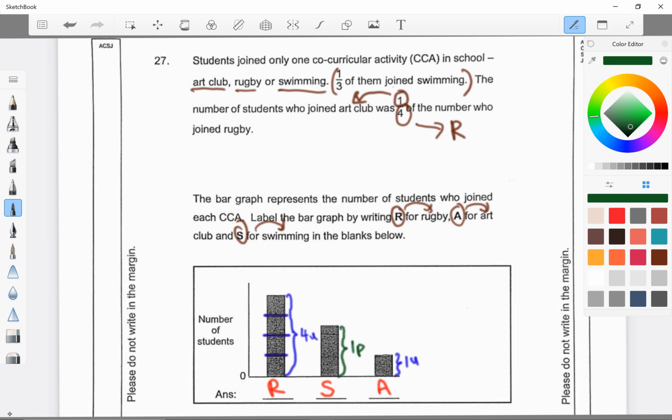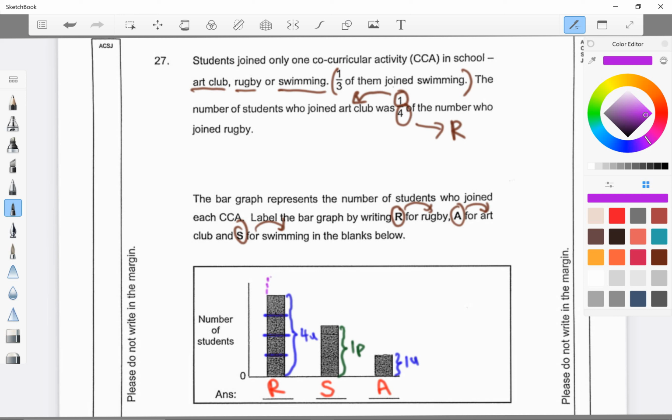Okay, let me just show everyone. Okay, let me just draw the diagram. Imagine if I add the art club to the rugby. This is how it's going to look like. Okay, and you realize that it's almost double. Okay, it's almost double of the swimming, which definitely makes a lot of sense. Okay, it makes plenty of sense.